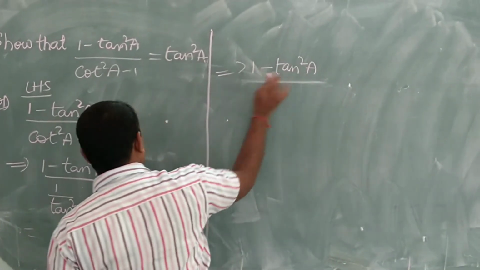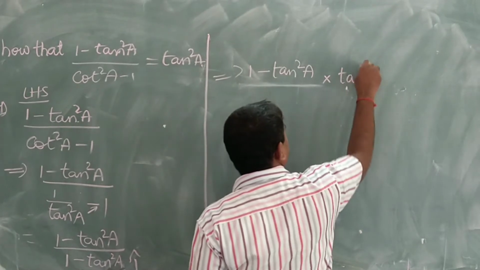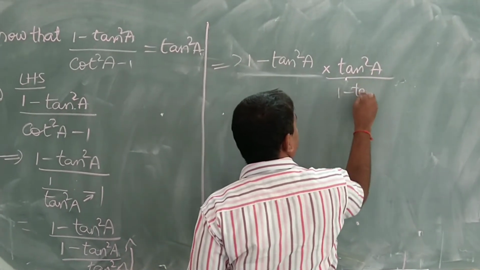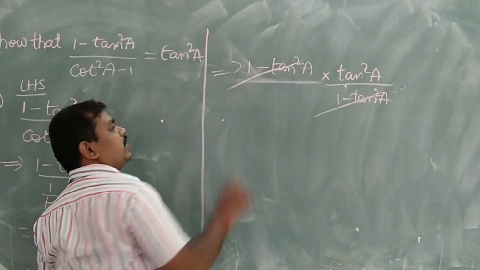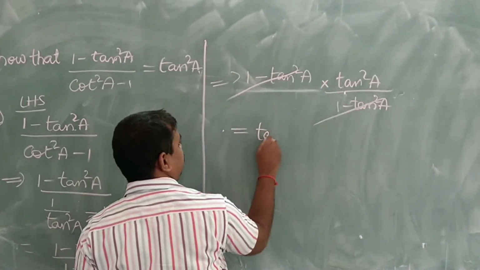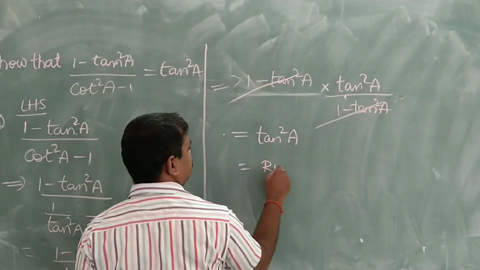It becomes tan square A by 1 minus tan square A. 1 minus tan square A, 1 minus tan square A will get cancelled. We remain with tan square A, which is equal to RHS.